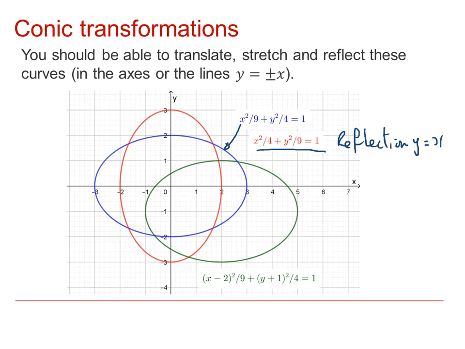And secondly, where x has been replaced by x minus 2 and y has been replaced by y plus 1. So this is a translation of the curve by the vector (2, negative 1).